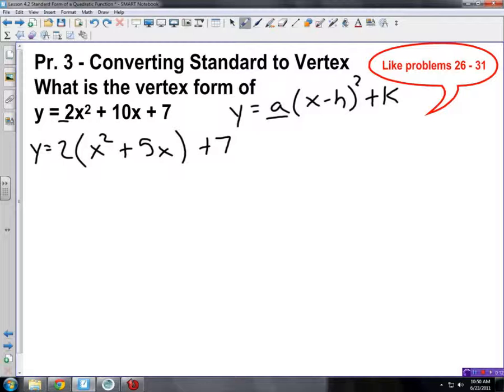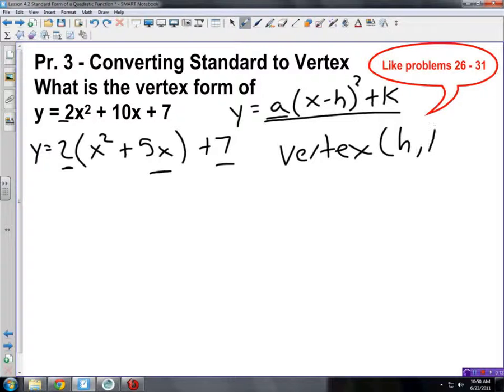Then what we want to do is change it to this form here, right? So now that we know where the a value is, we want to come up with what's going to need to go here for h and k. Well, that is just the vertex. Vertex is (h, k).